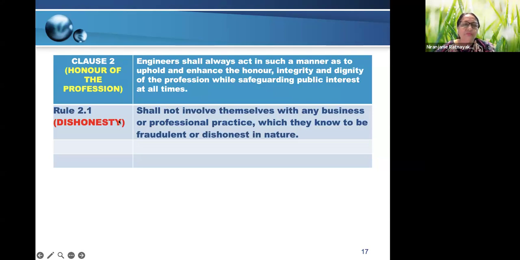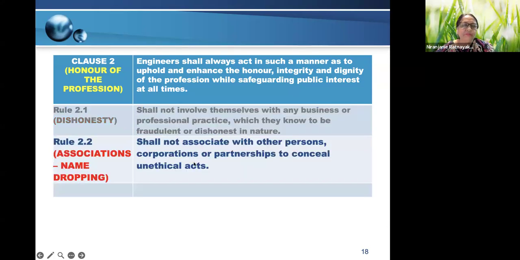So rule 2.1 is of course about dishonesty, that it's a bad thing in whatever form we are dealing with. Shall not involve themselves with any business or professional practice which they know to be fraudulent or dishonest in nature, right? Second one is shall not associate with other persons, corporations, or partnerships to conceal unethical acts.